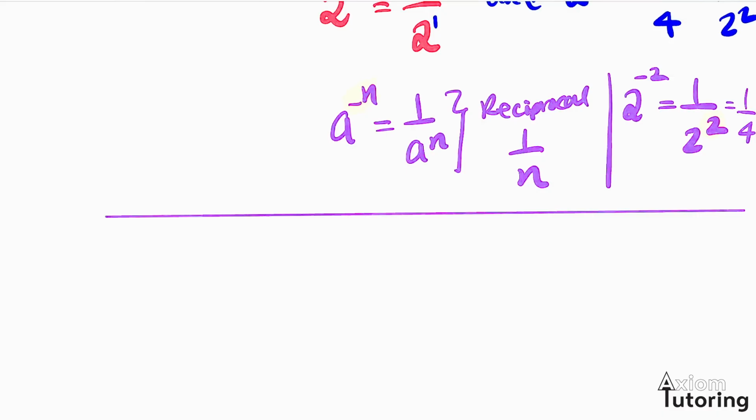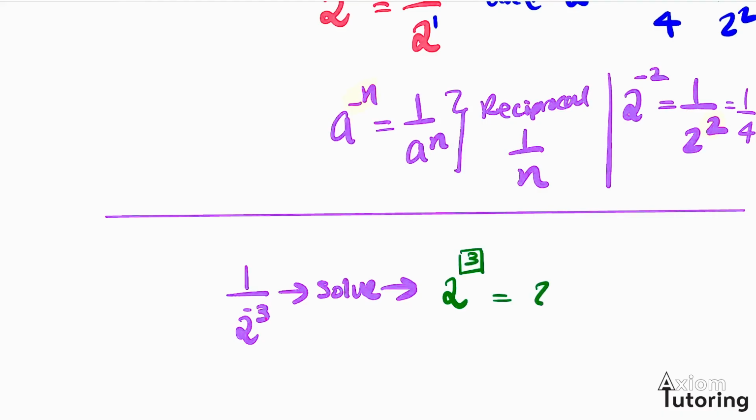Interestingly, this also works the other way. If you have 1 over 2 to the power of 3, or 2 to the power of negative 3, and you're asked to solve this, well, that means that this is the same as 2 to the positive 3, which is 8, the reverse of the rule that we just looked at.